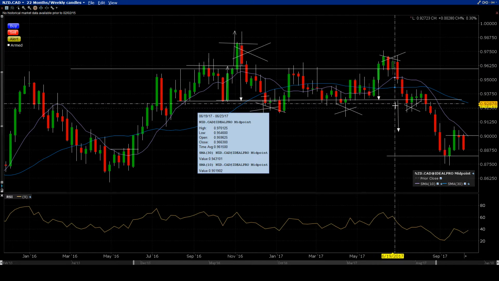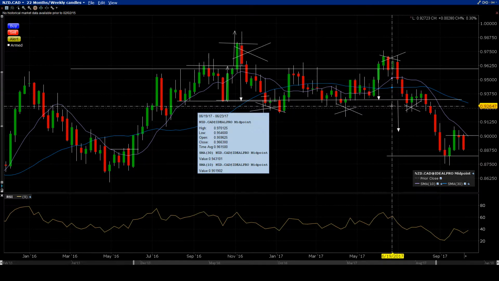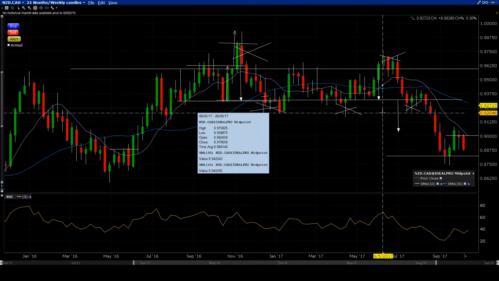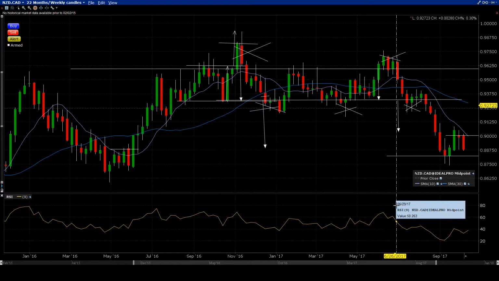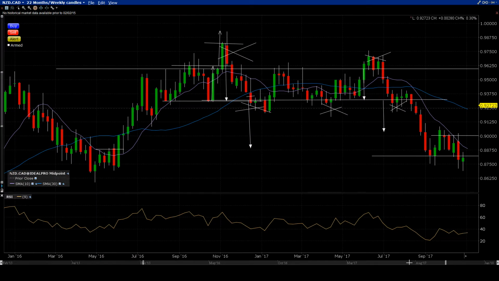Increase your probabilities of reaching the target. Smaller risk to reward, but higher probabilities of reaching that target. And the higher probabilities of reaching your targets, the less you'll be stressed about having to find these 3-to-1, 6-to-1, 8-to-1 ratios to be able to do a net gain on your NAV.